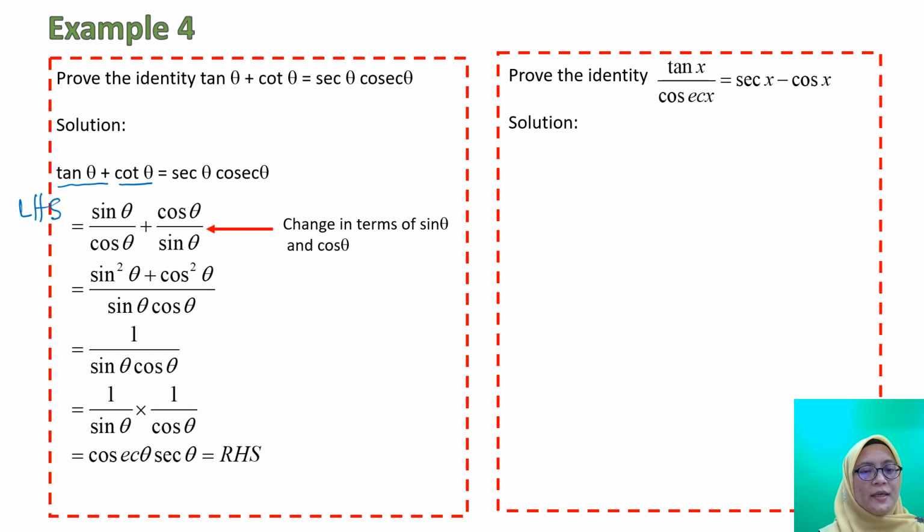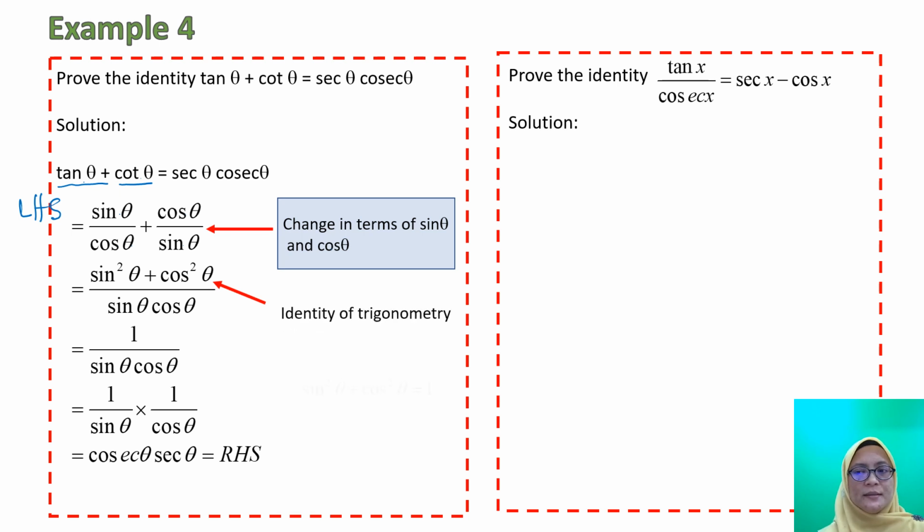Okay, so from left hand side, the idea is change in term of sin and cos theta. So means that tangent theta kita ubah jadi sin over cos theta. Cotangent is cos theta over sin theta. Okay, so then baru kita akan simplify lah. So kita akan samakan pembawah.